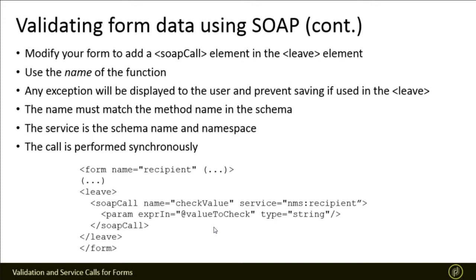The capitalization must match perfectly to what's defined in the JavaScript and in the schema method definition, or this is not going to work. Any exception will be displayed to the user and prevent saving of the form if this SOAP call returns false. The service is the schema name in the namespace, and this call is also performed synchronously. Of course, it has to be made immediately because you're trying to save the form.